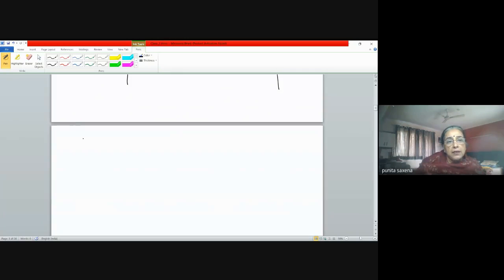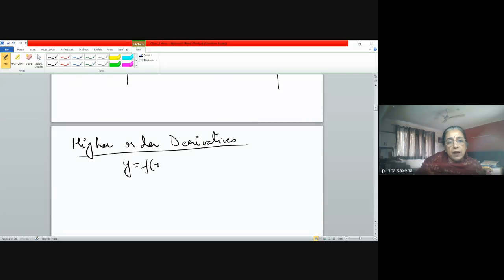Okay. Now, the next thing that we need to start with, which I can do today itself, we are now coming back to the simple functions that we left in between, where our equations are going to be Cartesian equations. Y as a function of x.